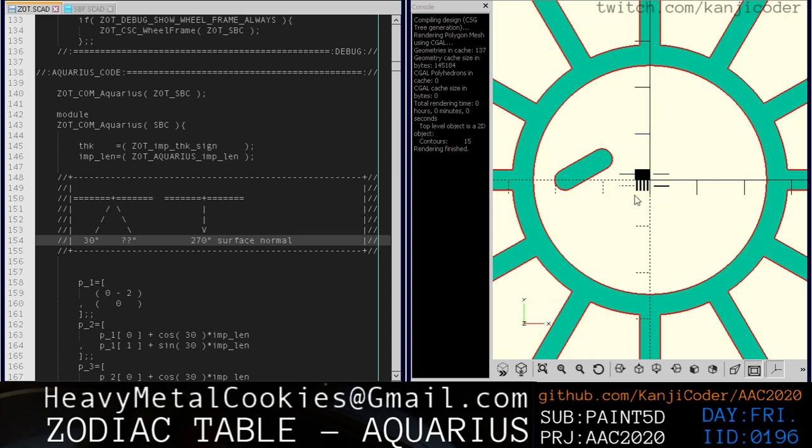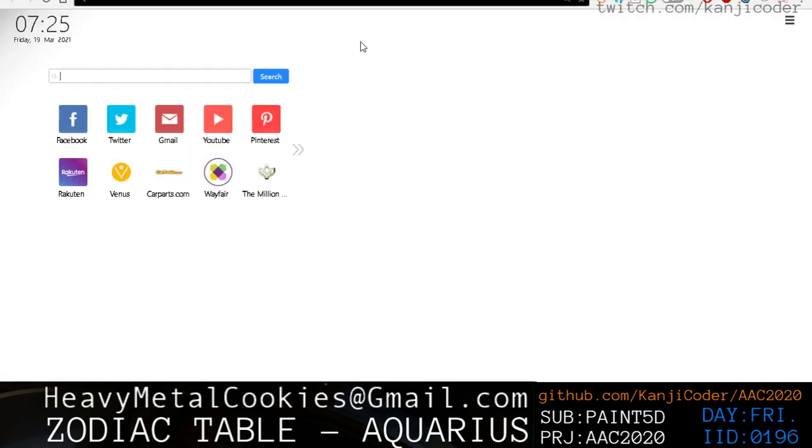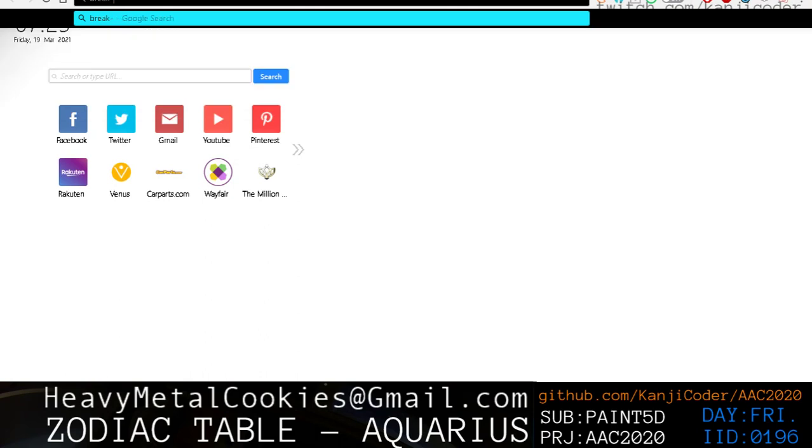We want the reflection to be perpendicular to this x-axis in order to parametrically draw this in a way that makes sense. I will be right back. I'm going to start a break timer.